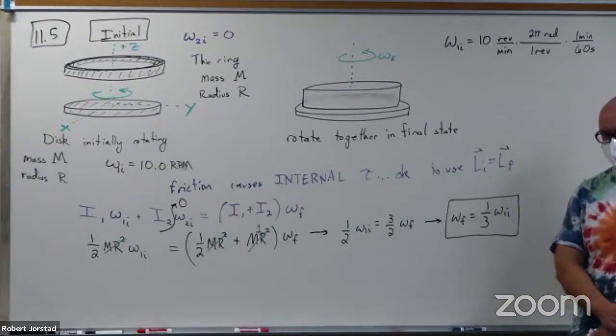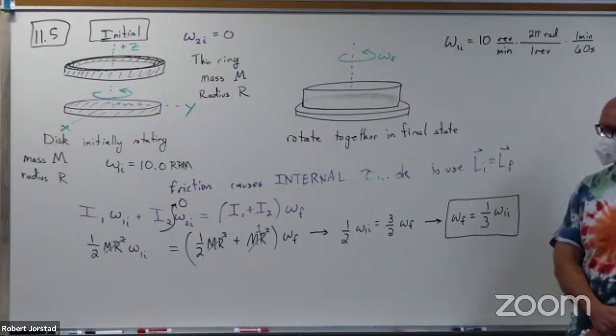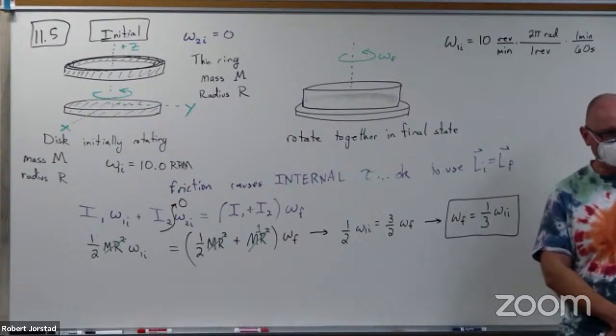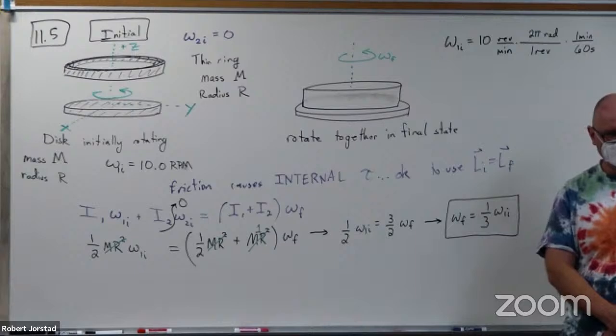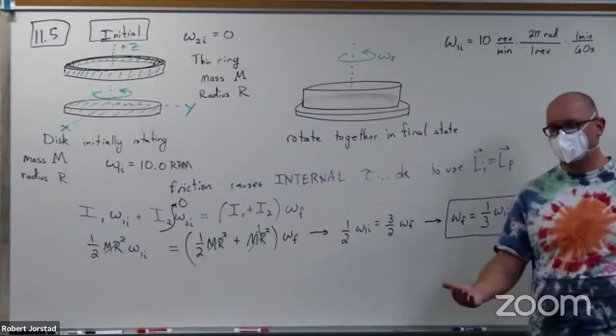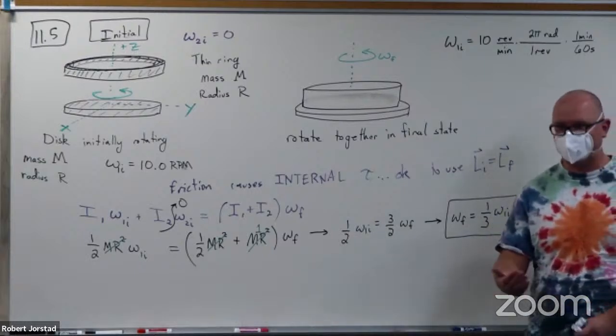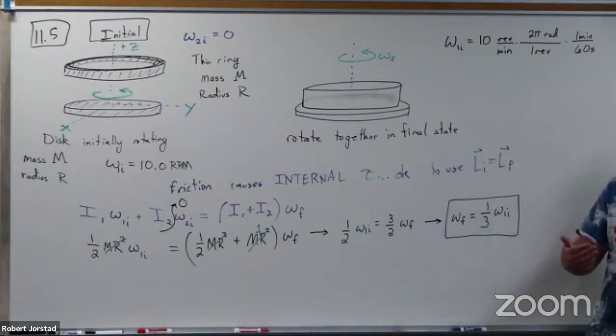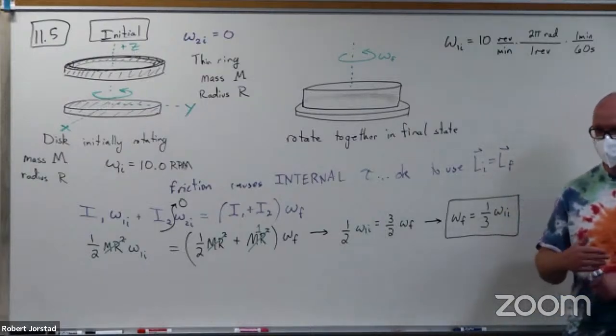Lost momentum. True, but you gain moment of inertia, right? Oh, isn't it because it's an elastic collision? No. This is a perfectly inelastic collision. What usually happens in a perfectly inelastic collision? Do you gain energy, lose energy, or does it stay the same?